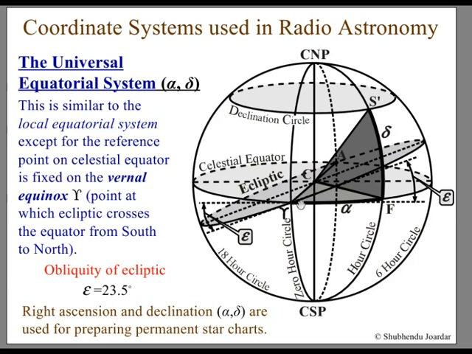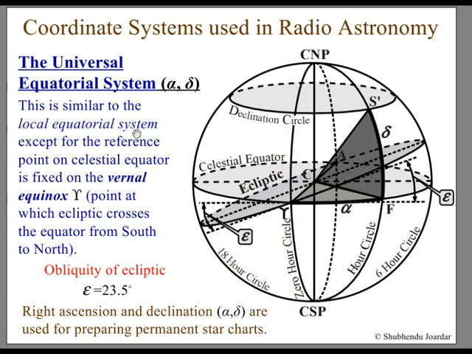Then we measure the right ascension and declination by measuring these angles, alpha and delta. And the angle between these two planes is the obliquity of the ecliptic. This is 23.5 degrees. So I will just read it now.